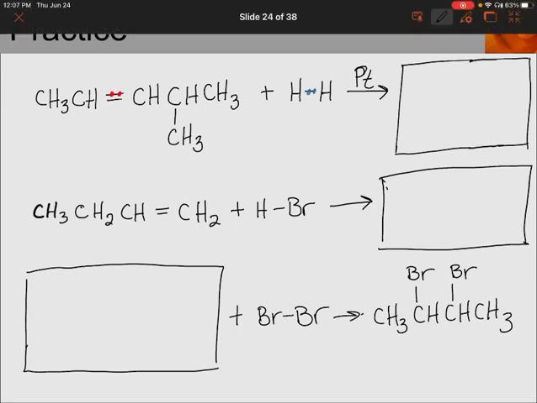Okay, so let's start with the first one at the top. You can see that I drew the red electrons for the double bond and the blue electrons for our hydrogens. So we're going to break those bonds and we're going to form two new bonds. See if I can squeeze this in here.